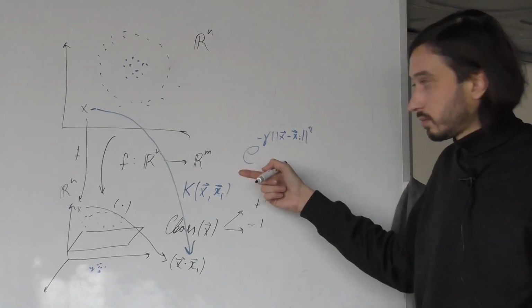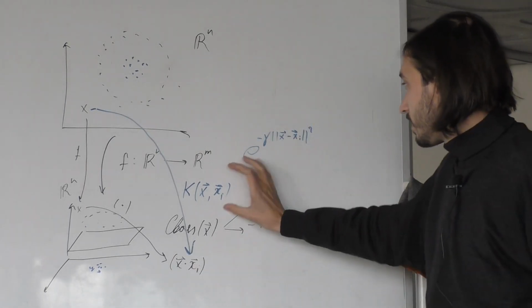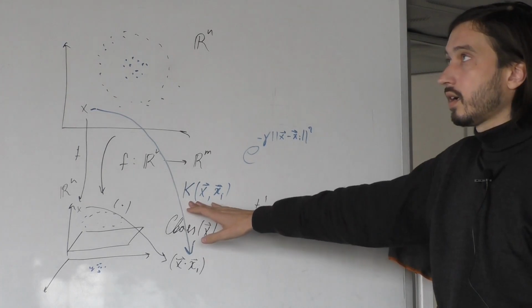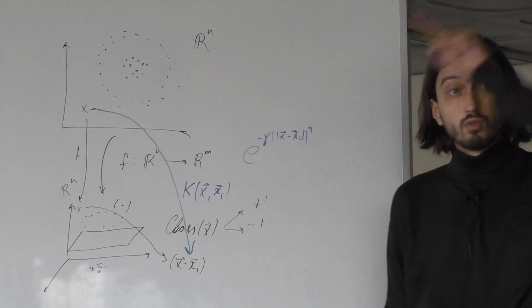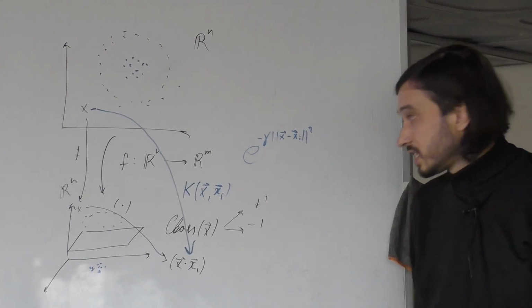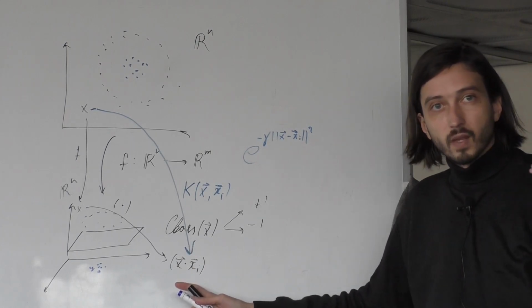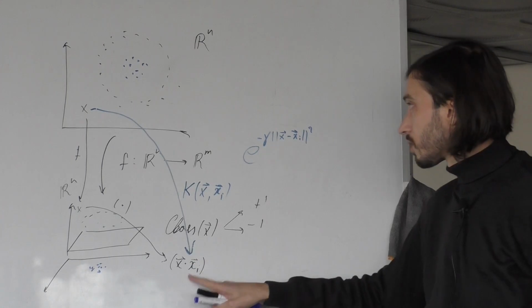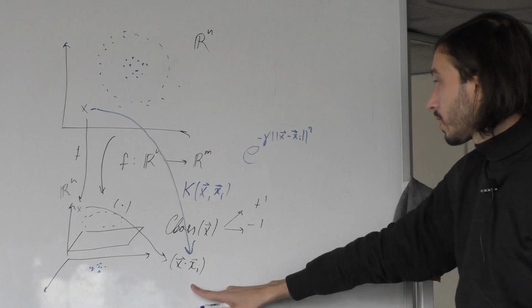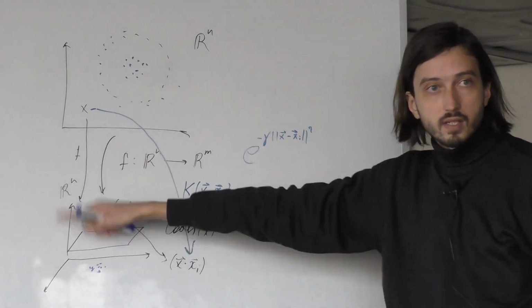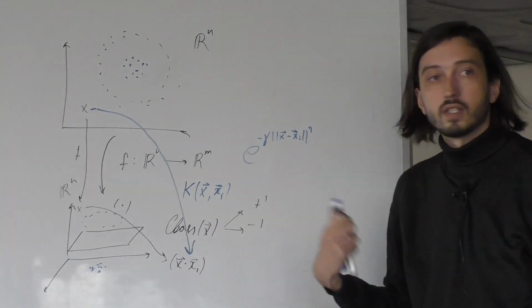It looks really simple, and I don't need this space anymore. So here is the main idea, and I would say it's even an ingenious idea: to get from the primal problem to the dual problem, to see that all we need are these scalar products, and then to understand that if I have scalar products, I can transfer directly from my initial space to the scalar product, avoiding the complicated space. That's the main idea of these kernels.